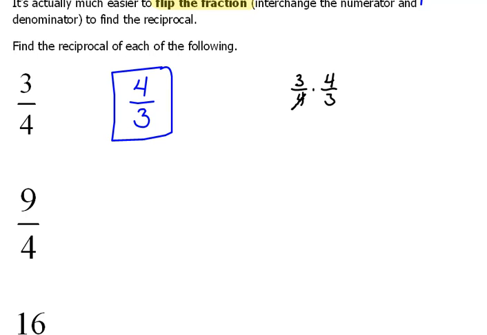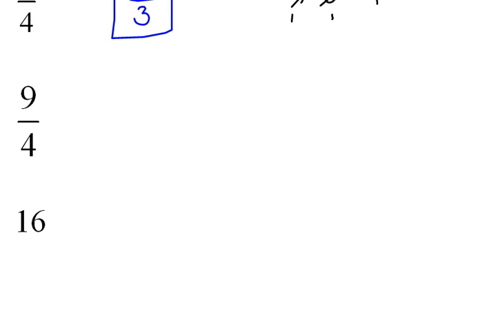Your 4's would cancel, your 3's would cancel, and now you have 1 over 1, which is 1. Now for our next one, we have 9 over 4, 9/4. The reciprocal is where we would switch, again, the numerator and the denominator, so that would be 4 over 9.